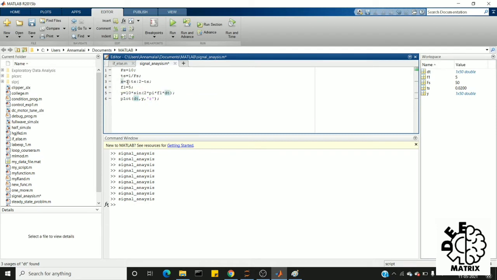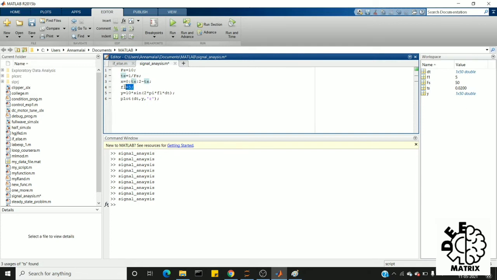I start from the value 0 with a step size of t of s. If f of s is 10, then t of s is obviously 0.1. From the value of 0, I am moving with a step size of 0.1 up to 2, for 2 seconds. I am going to generate a number of samples.